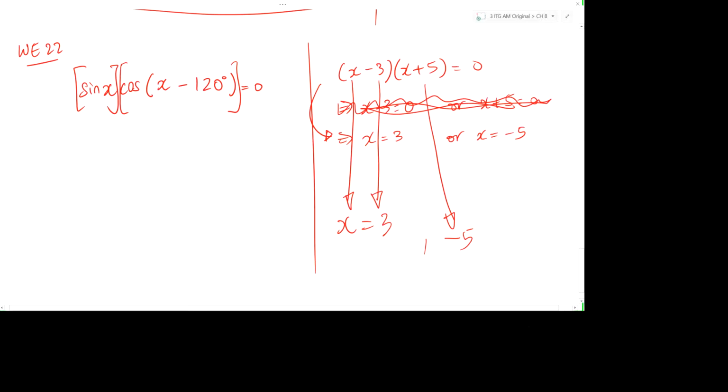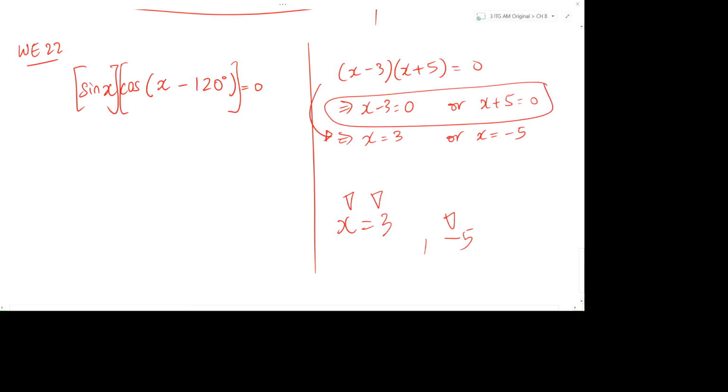Nothing to flip. So you better know what you are doing. Every step in maths, there is a reason. So this flip sign came about because of this intermediate step: something equal to 0, one of them must be equal to 0.